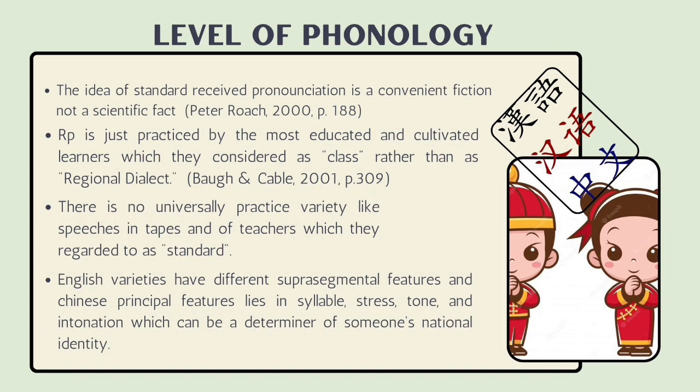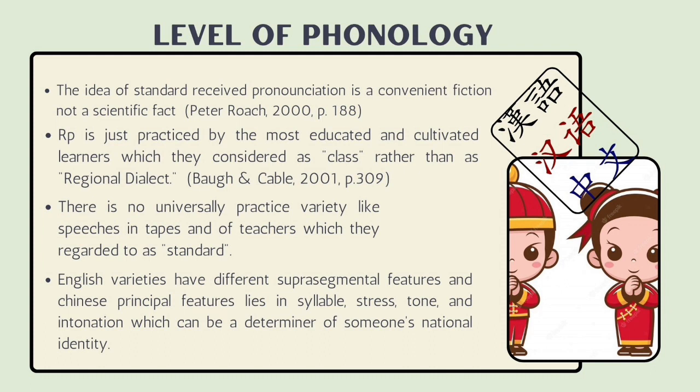The idea of standard received pronunciation is a convenient fiction, not a scientific fact. Received pronunciation is practiced only by the most educated and cultivated learners, which they consider as class rather than as regional dialect.